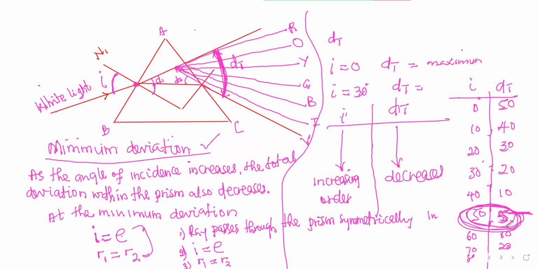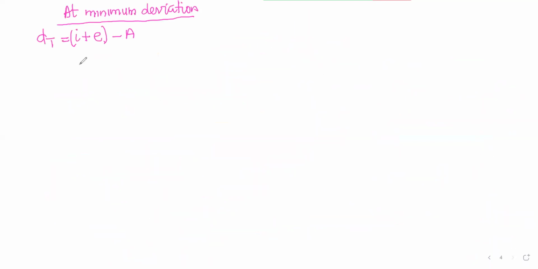Okay, at this point, then the total deviation within the prism will be that minimum deviation.